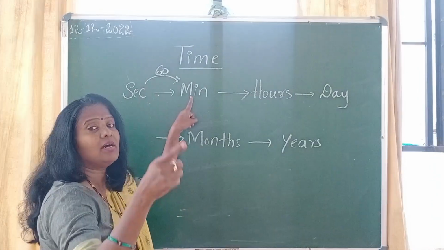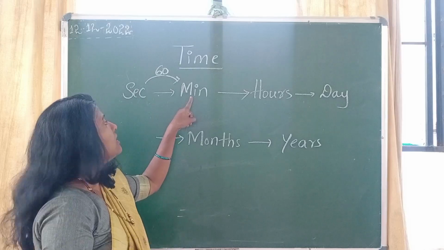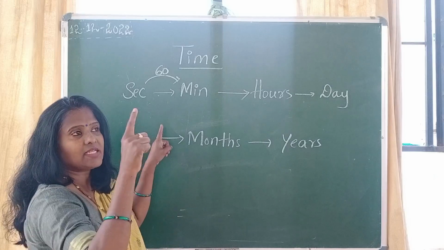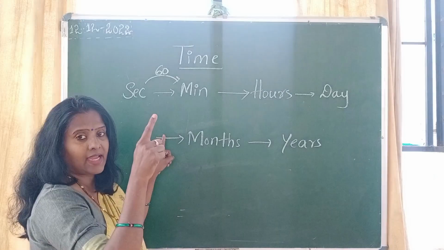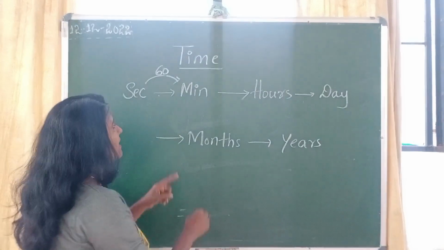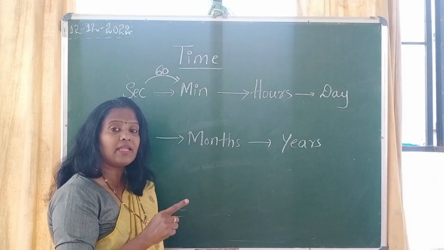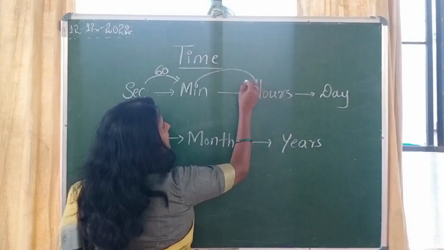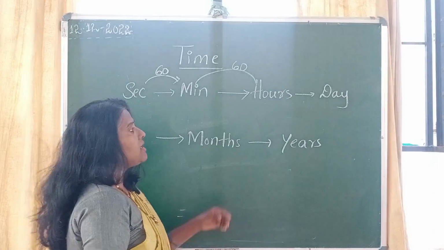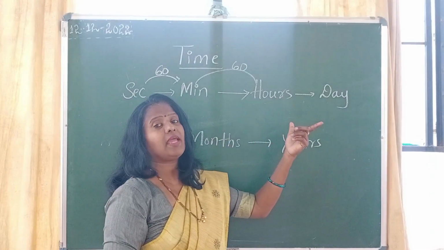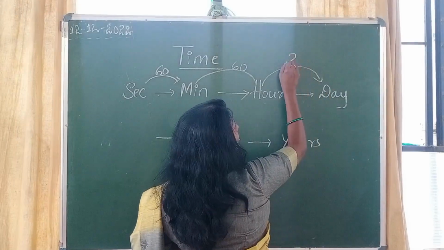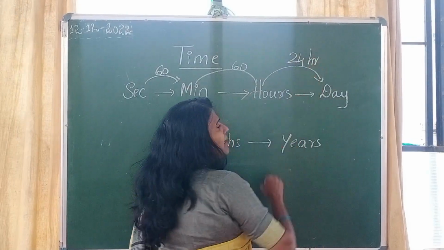You might have seen in the wall clock, if the second hand makes one round, that means it has crossed 60 seconds. So 60 seconds we consider as 1 minute. Similarly, 60 minutes make 1 hour. But how many hours make a day? 24 hours make a day.